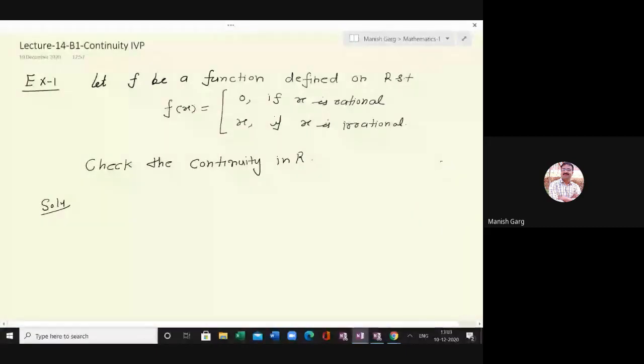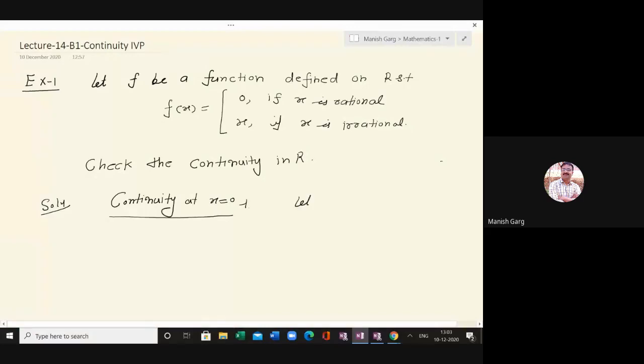But how to check? So first, continuity at x is equal to 0. So first we check the continuity at x is equal to 0.